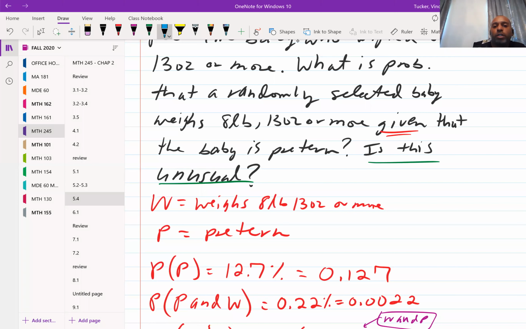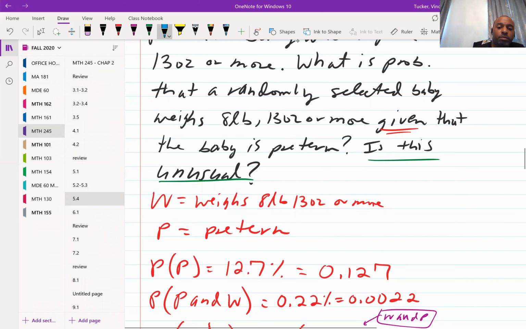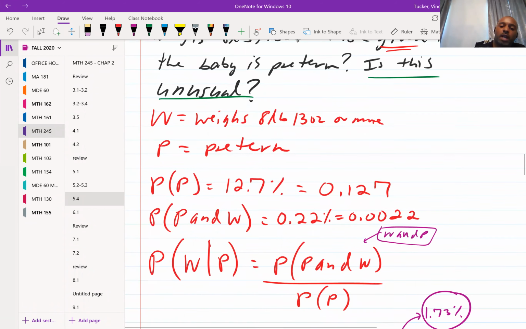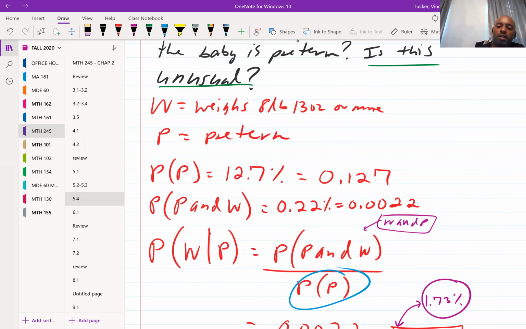So now we want to know the probability that a randomly selected baby weighs 8 pounds, 13 ounces or more, given that the baby is preterm. So that's this setup right here. W given P. So that means we need P and W, that's my top number. And then the probability of P is on bottom.